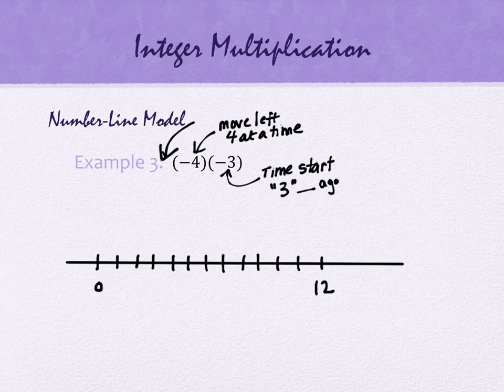So like 3 hours, 3 minutes, whatever time unit you want. I don't care what the time unit is. But it starts 3 whatever in the past. And the question you're asking yourself is, where were we 3 whatever ago?